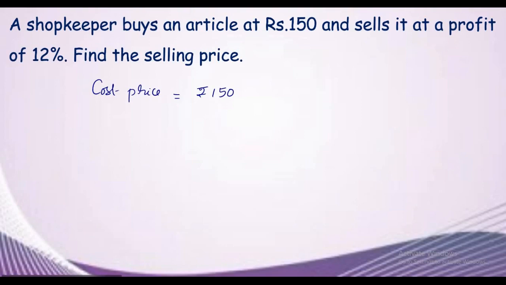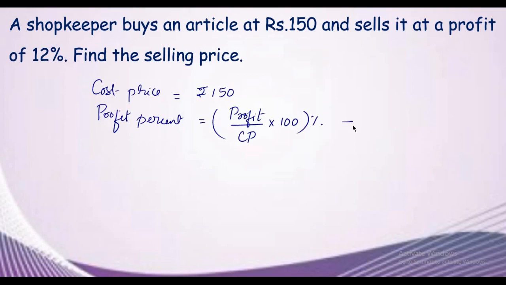He had a profit of 12%, which means we can find the profit from the given profit percentage. We have the formula: profit percent is equal to profit by CP into 100%, right? But it is given as 12%. About profit, we don't know anything, but we have the cost price.